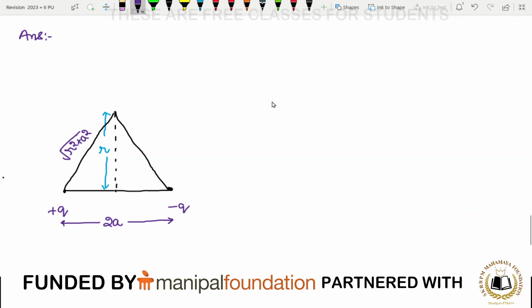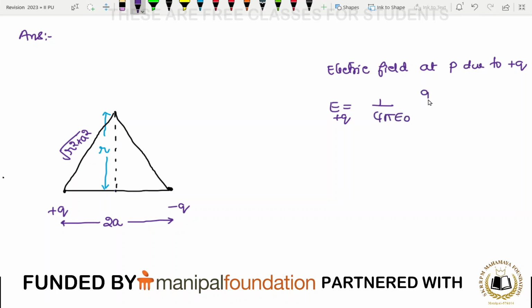Now start writing. So I'll write electric field at P due to plus Q. E plus Q is equal to 1 by 4 pi epsilon naught Q divided by the distance from the point P to the positive charge. That distance is root of r square plus a square, whole square.